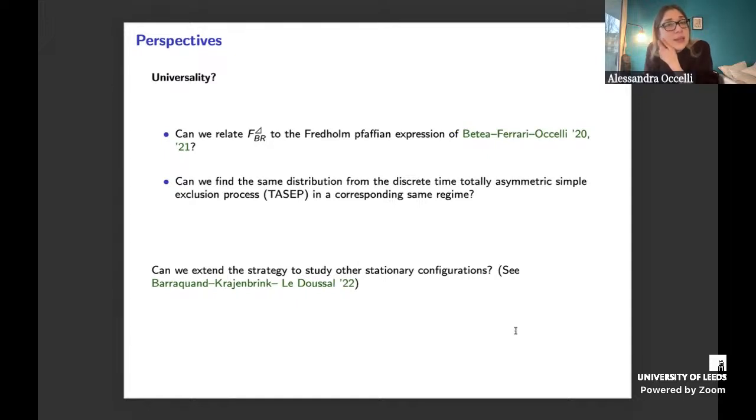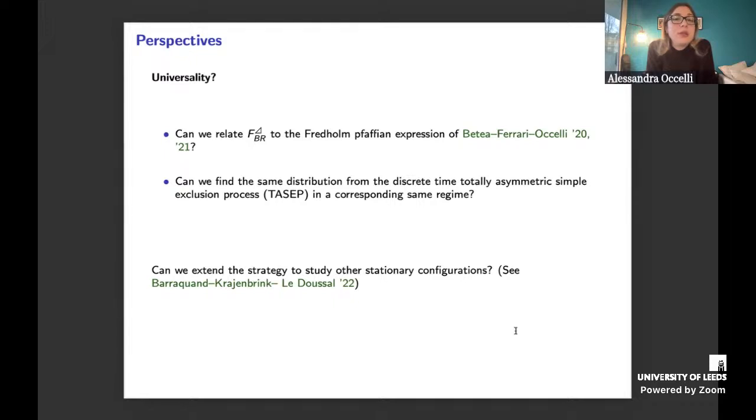There is a connection that was actually used by Barraquand, Krajenbrink and Le Doussal to a Fredholm determinant formula, but still there is a gap missing with the Fredholm-Pfaffian expression. We obtained the stationary distribution for PNG, for exponential LPP, for half-line stationary KPZ equation.